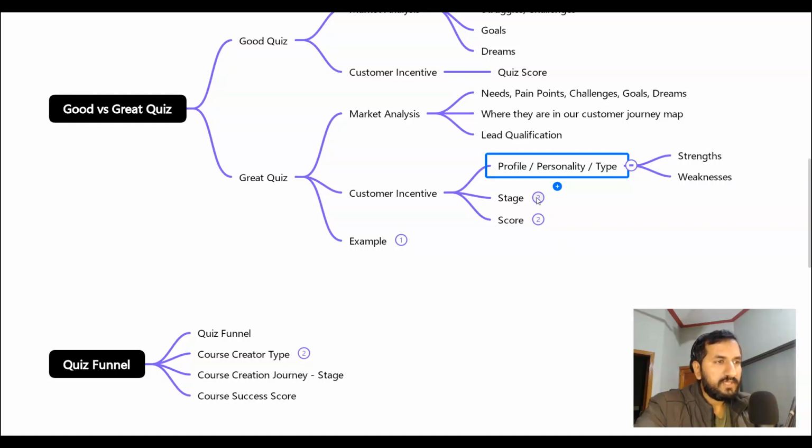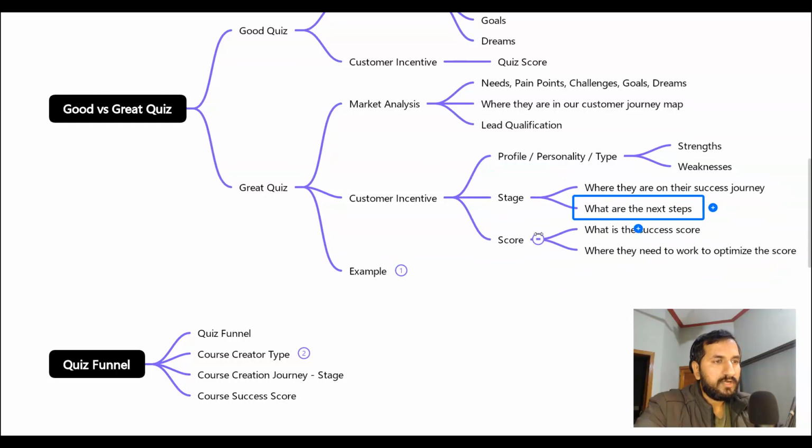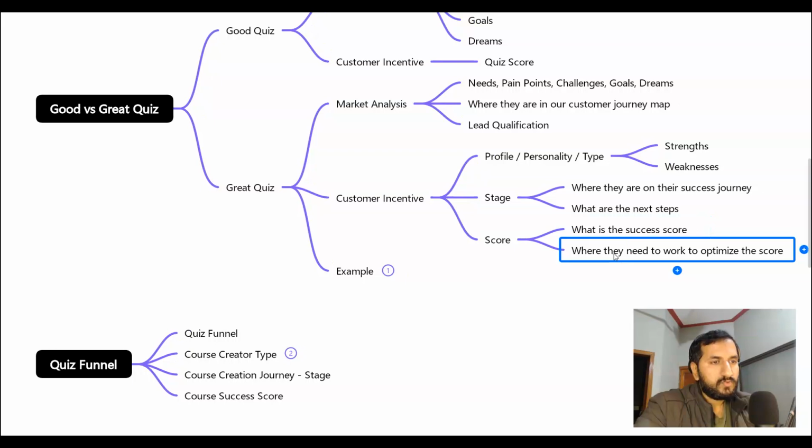Then we also share the stage where they are in their success journey, and we also help them with the next steps. And then we share the score, but this score is different than the above one. The above was a simple score. In this one, we are talking about their success score, how they can improve their score, and what steps they have to take to improve and optimize their success score.